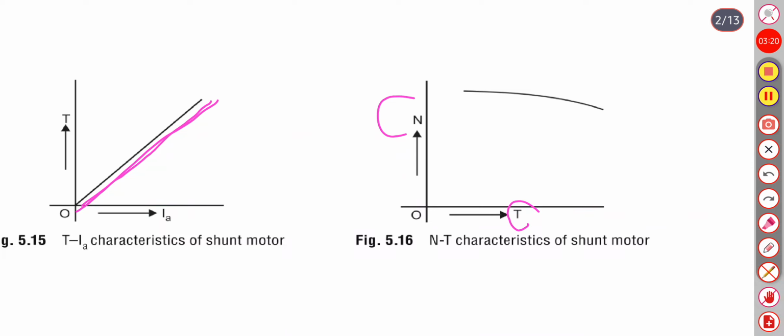Speed decreases slightly when torque increases. So to boost the torque, we need to supply more armature current. This is the mechanical characteristic and this is the electrical characteristic of the shunt motor.